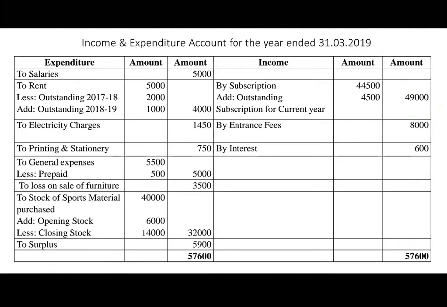Can anyone tell me the second effect? If outstanding subscription is of the current year, the first effect is to add it to the subscription on the income side of the income and expenditure account, and where will you show the second effect?